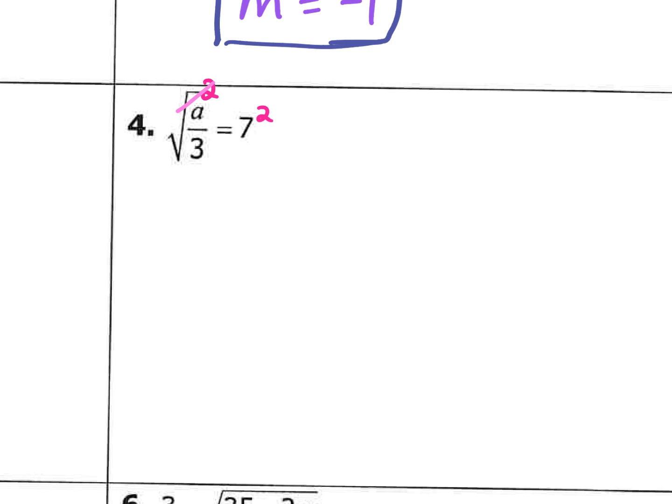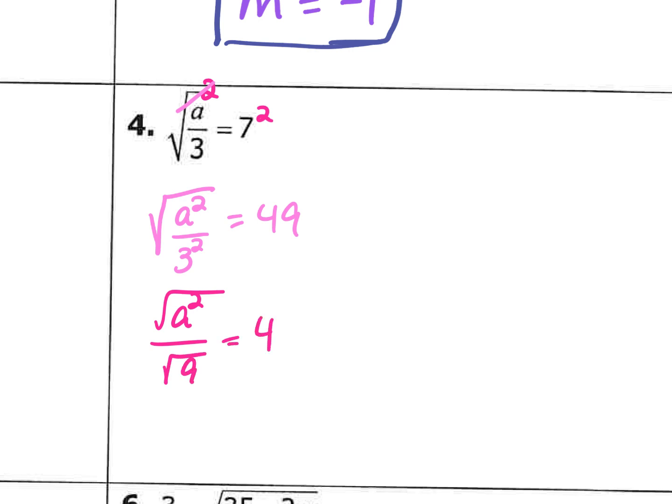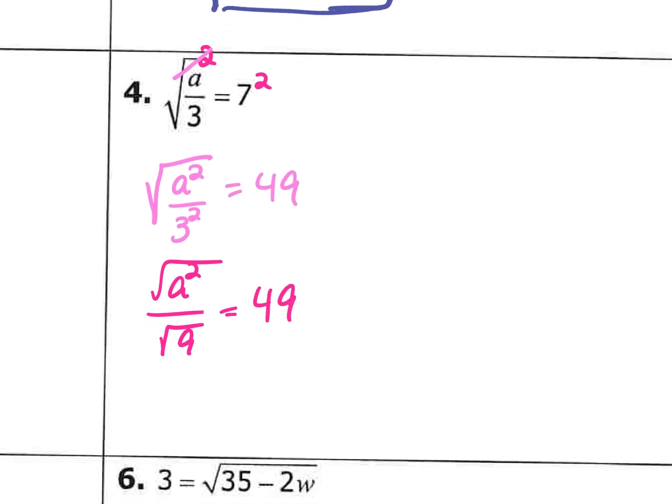So it looks like you're all working. I'm going to do this a little bit differently. Okay, I'm going to actually square everything. You're doing it hopefully the way I showed you. Okay, I went ahead and squared it.